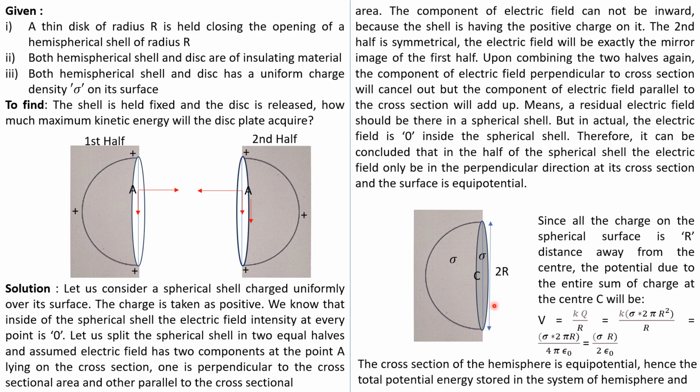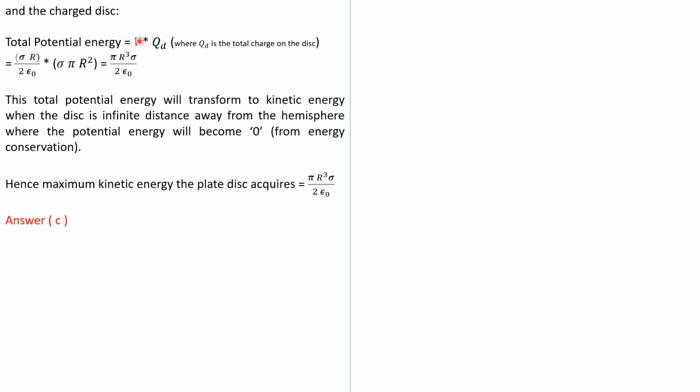The cross section of the hemisphere is equipotential, hence the total potential energy stored in the system, including the disk and the shell, is potential V into charge on the disk. D stands for disk.